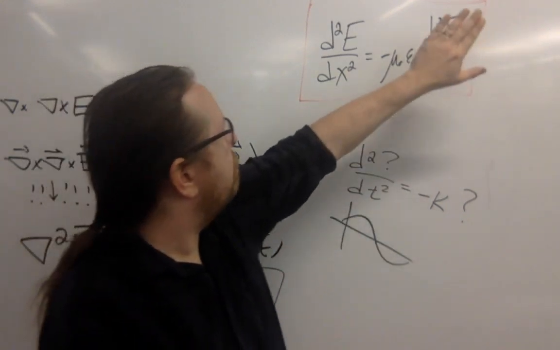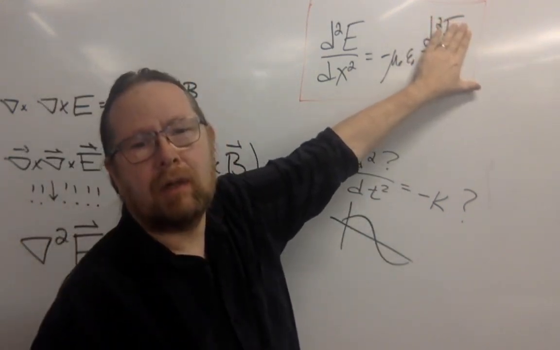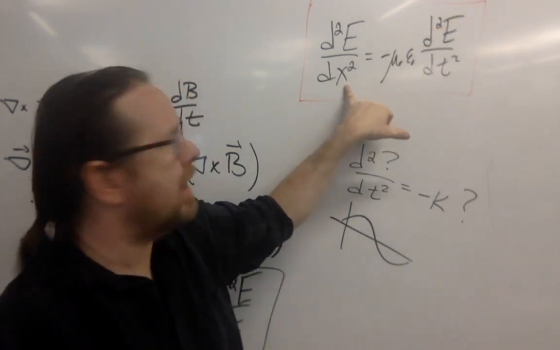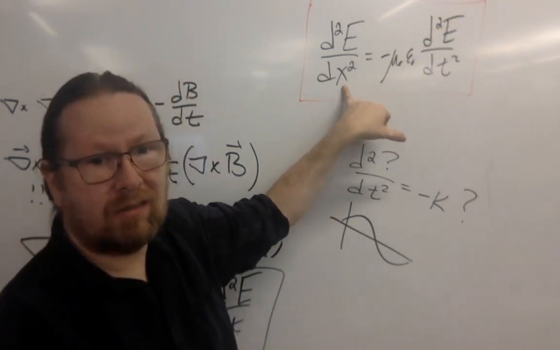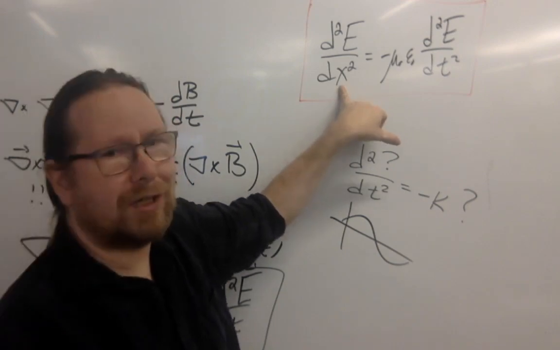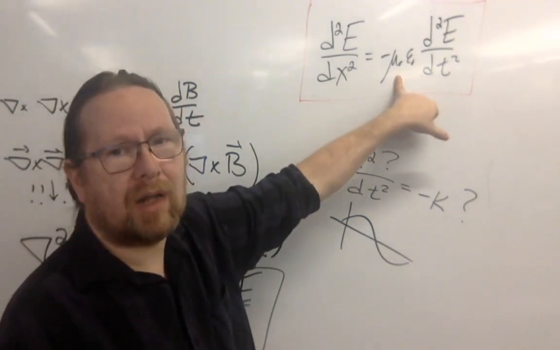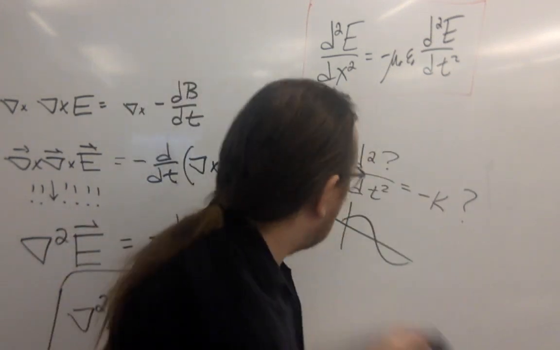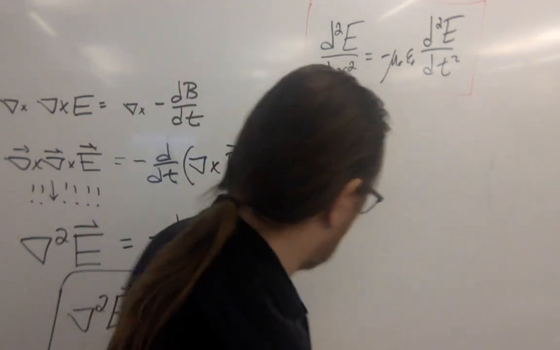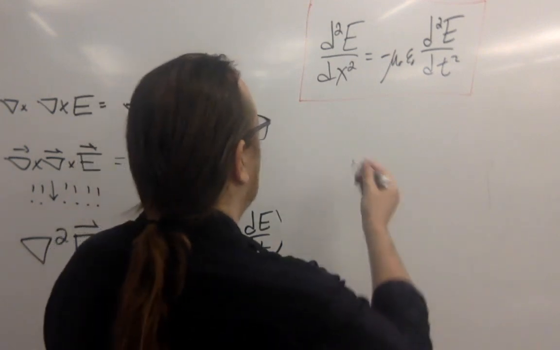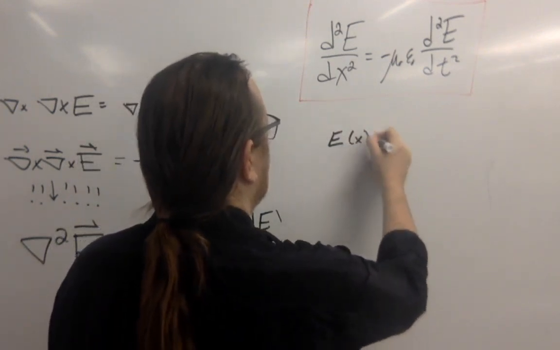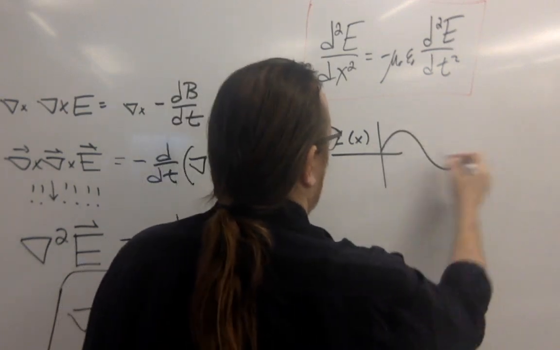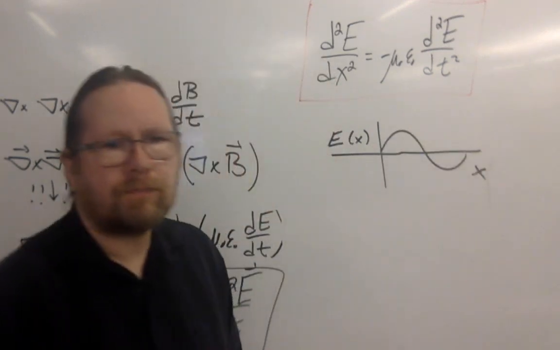If we hold t constant here, we have a differential equation that says the rate of change with respect to position of the rate of change with respect to position equals some negative constant times the function of position. So that means if we hold t constant, we have a function where E of x varies sinusoidally with x.